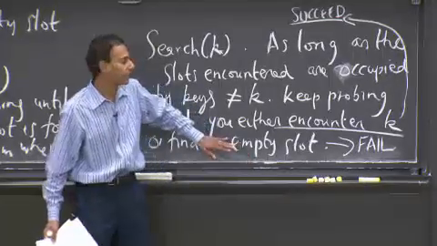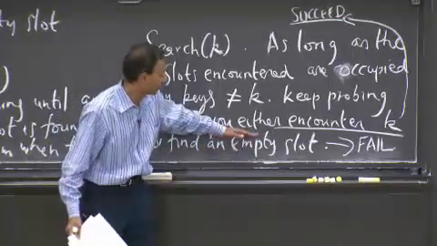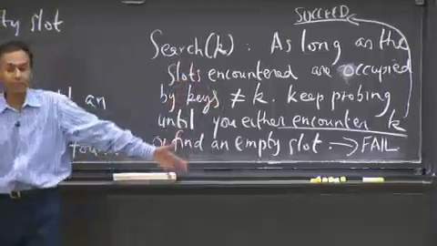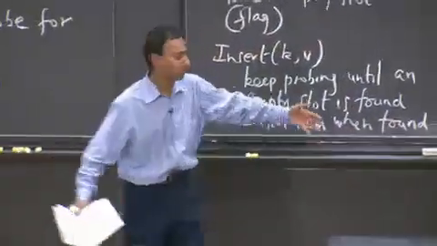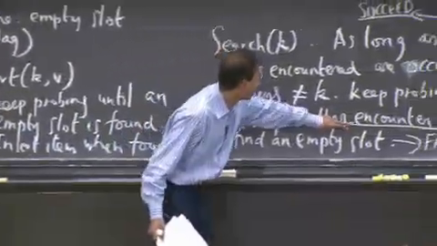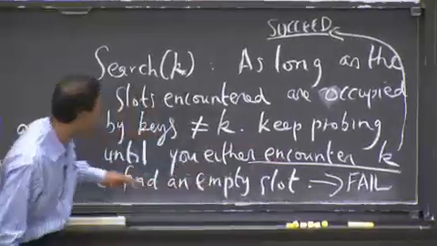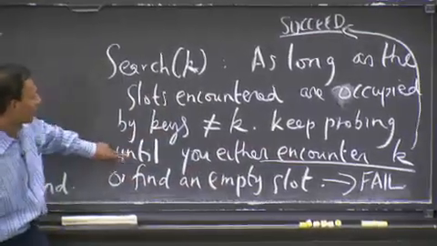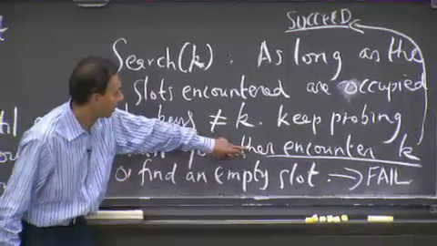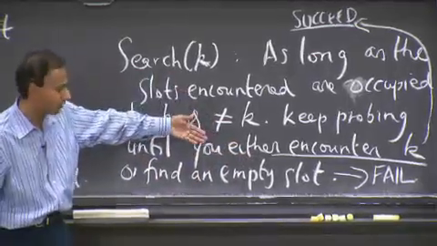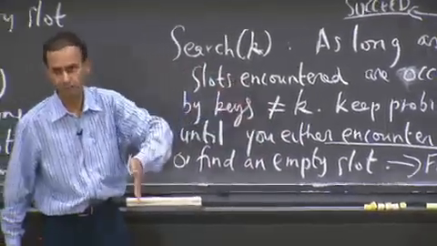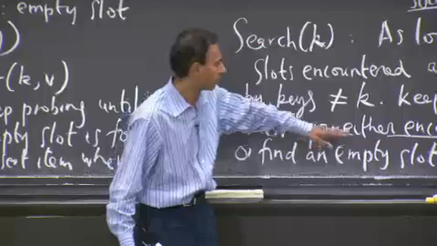In some sense, this pseudocode doesn't really change, because you'd either encounter k or, even if you encounter a delete me, you keep going. All right, that's the important thing.